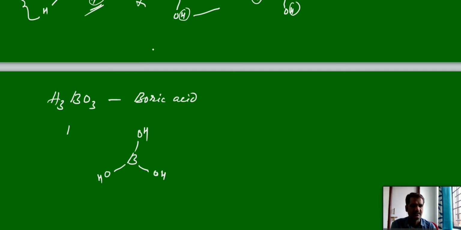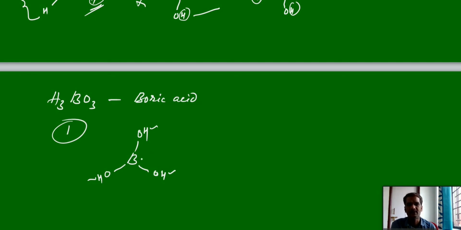Previously we discussed that a hydrogen directly attached to oxygen is replaceable. According to that definition, these 3 hydrogens should be replaceable, so the basicity should be 3, but it is 1. Why? Because here none of the hydrogens is replaceable.